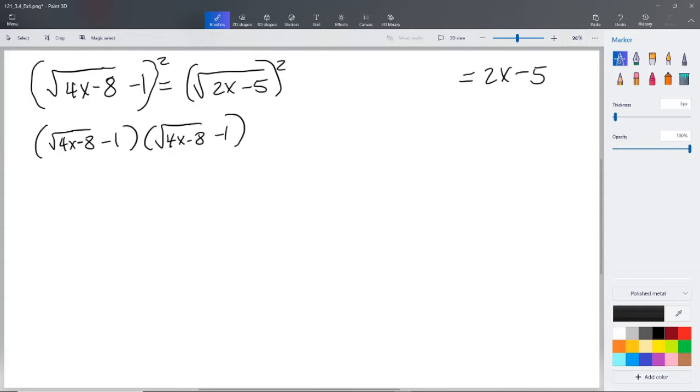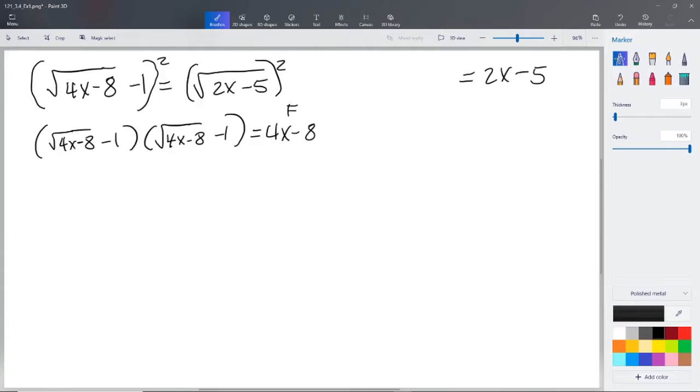Doing the foiling, first is the radical 4x minus 8 times the other radical 4x minus 8. If this was x, we'd call it x squared. But because it's a radical of 4x minus 8, it's still a radical of 4x minus 8 squared, much like what we'd have right here. So what comes out of that is just 4x minus 8. That's the F from our FOIL.